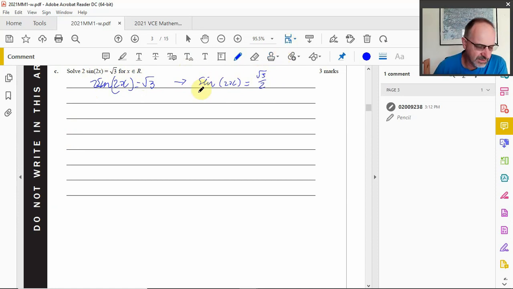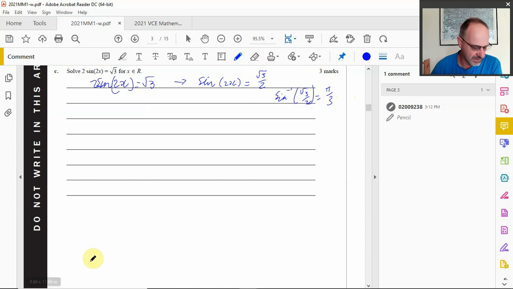All right, and so when we're looking at this, we've got a value of √3 on 2, and we know that the sine inverse of √3 on 2 is pi on 3 as a reference angle, is what I call it. So we're looking at somehow or other this pi on 3 being involved.